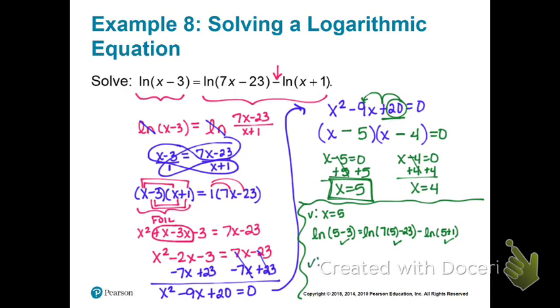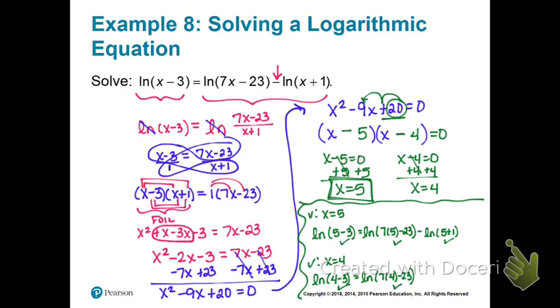Then let's do our check for x equals 4. So I'm just going to plug it in. The natural log of 4 minus 3. Is that okay? Yeah, 4 minus 3 is 1. Equals the natural log of 7 times 4 minus 23. 7 times 4 is 28, minus 23 is 5.